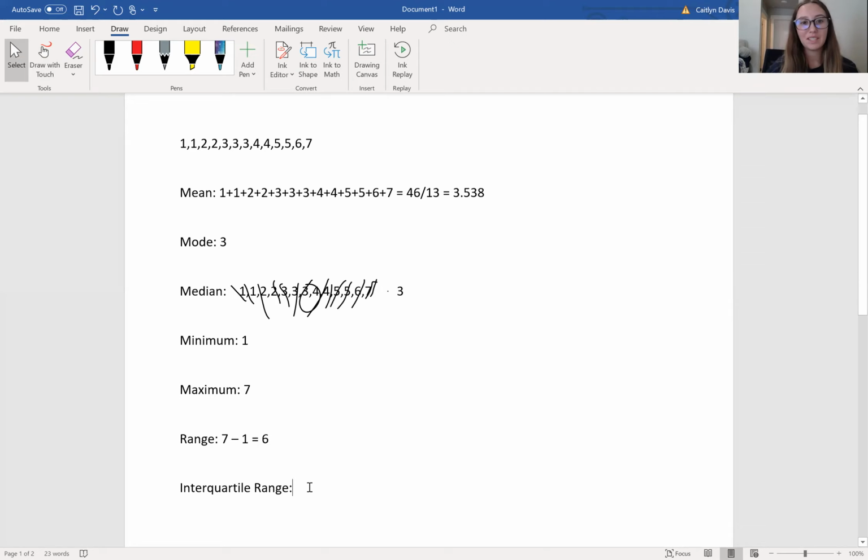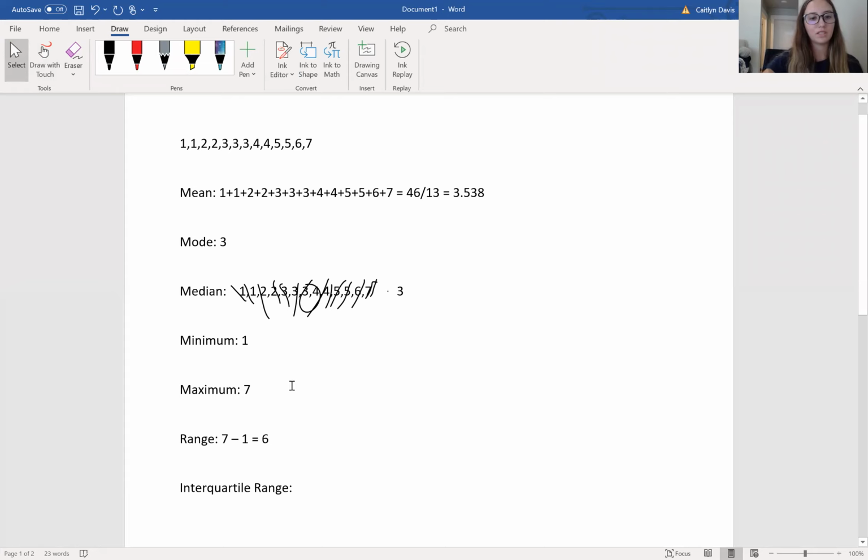Now, that being said, 6 isn't a very good representation of the data set. It's really high. So something else that can be more effective is our interquartile range, because it takes out the top 25% and the lowest 25%.